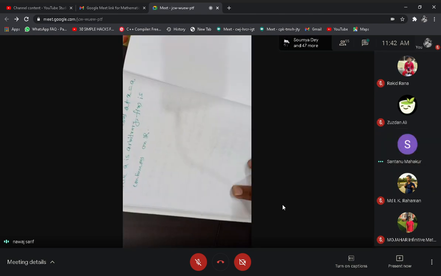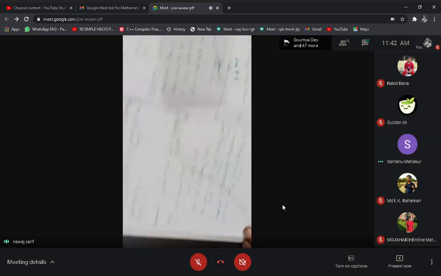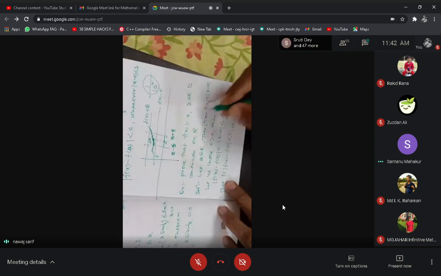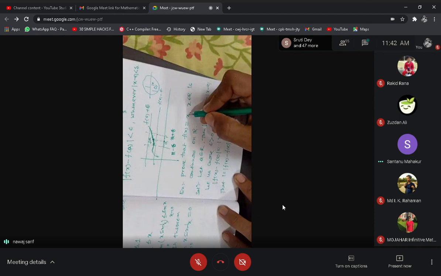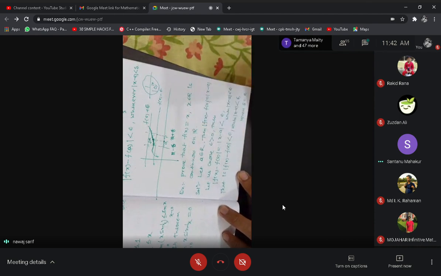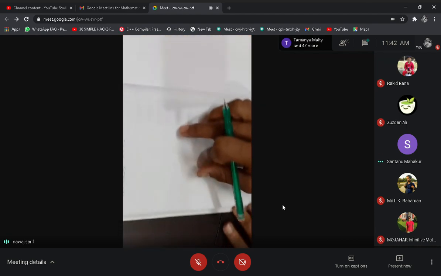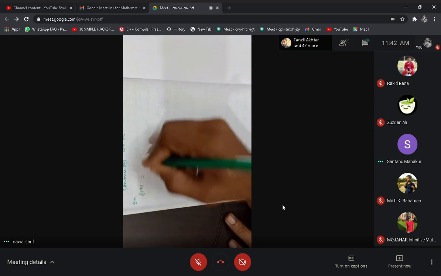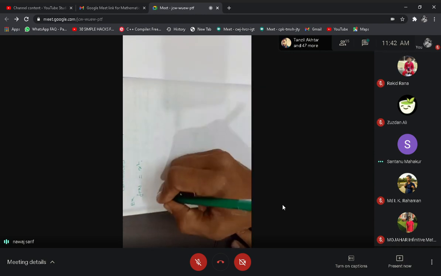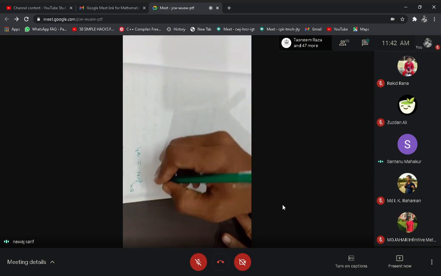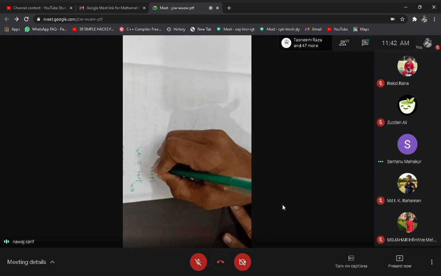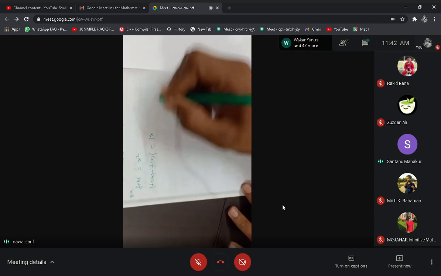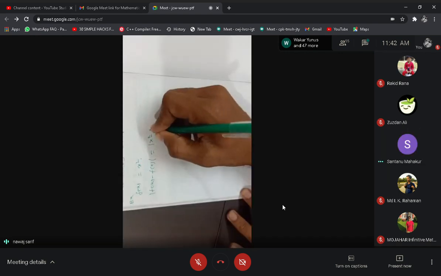Now we have to show that mod of f(x) minus f(a) is less than epsilon, but this time f(x) is not x, it is x square. Let's understand, if f(x) is x square, then mod of f(x) minus f(a) will be equal to mod of x square minus a square.